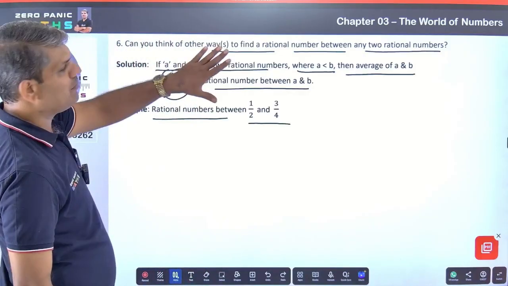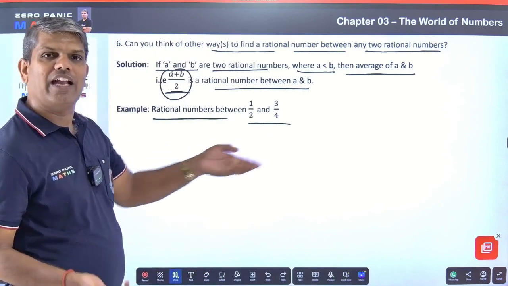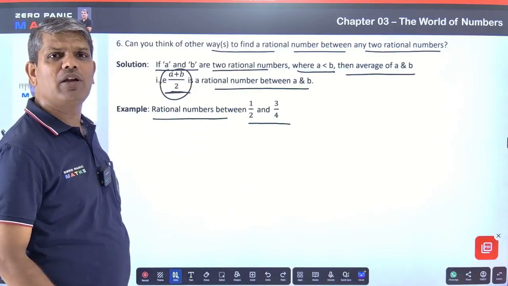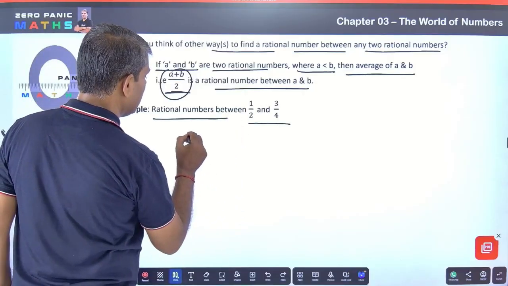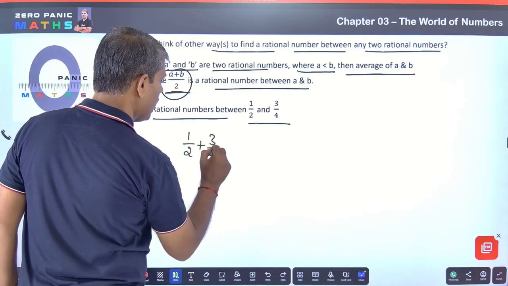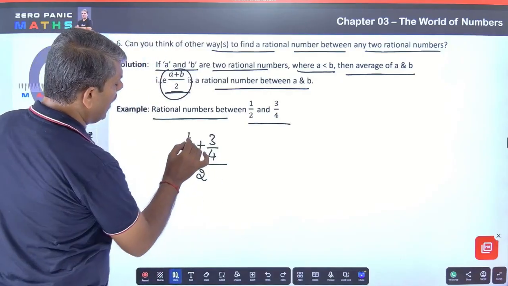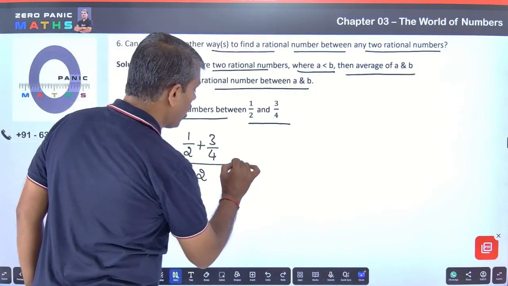This is the way that I am suggesting here: take the average of the two numbers, and that average will always lie between the two rational numbers. How do I take the average here? It is 1 by 2 plus 3 by 4, divided by 2.